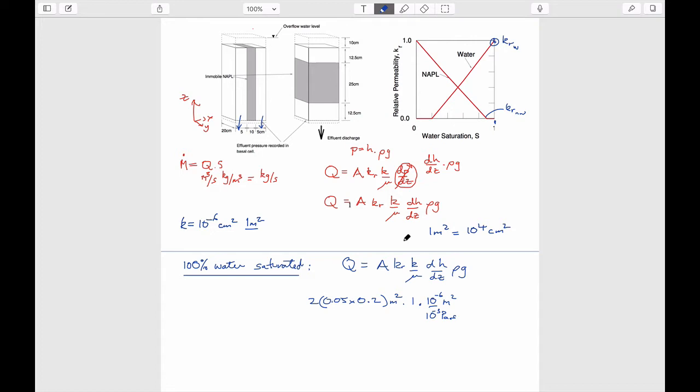And so I suppose we'd have to divide that by 1 meter squared over 10 to the 4 centimeters squared, which would be 10 to the minus 10.